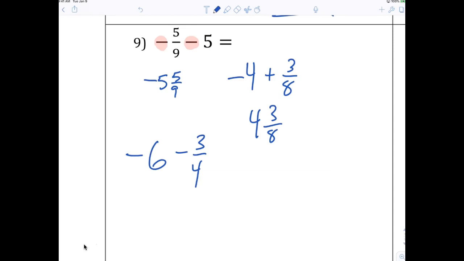If you can listen while you're working, you really should. It makes a huge difference. I'm trying to make you better at your number sense, not just at adding and subtracting fractions. Let's move on.